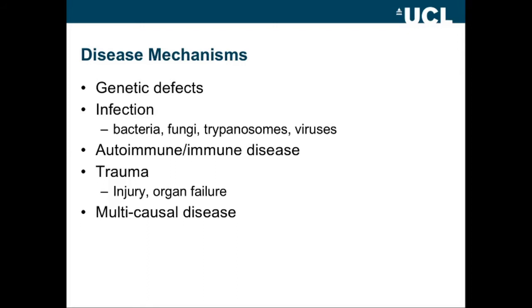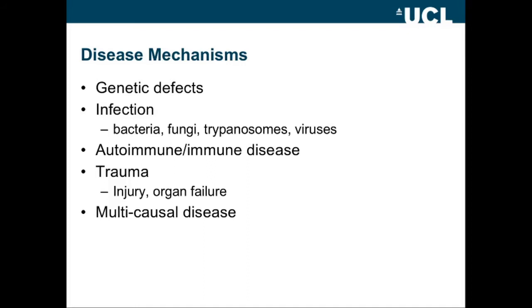The fourth type of disease mechanism is trauma. In other words, injuries, organ failures, and so on. And there, the drugs and drug targets that we're interested in may be related to removal of clots, or helping the healing process, or reducing swelling, or they may just be things that are related to pain control.